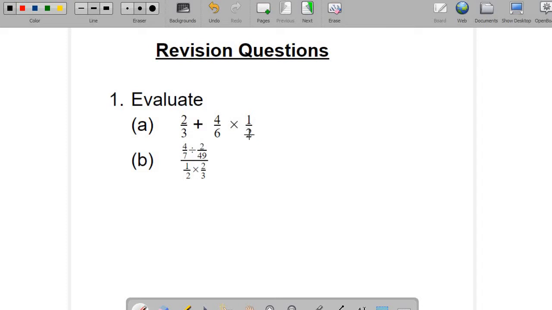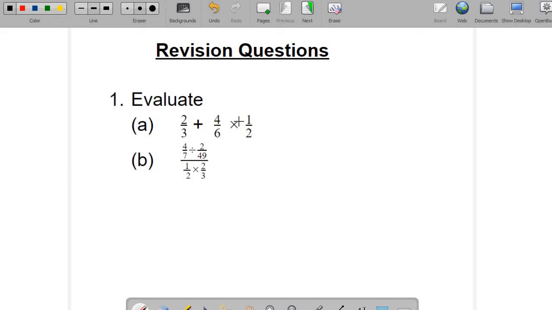Remember, order of operation says that when you have more than one operation in the same expression, you are going to do it in the BODMAS or PEMDAS order. So that's parentheses, which is another name for brackets, exponents, which is another term for powers, multiplication or division, then addition or subtraction.